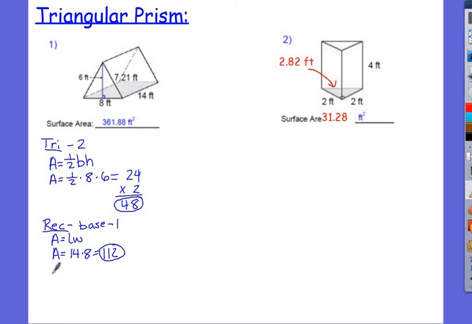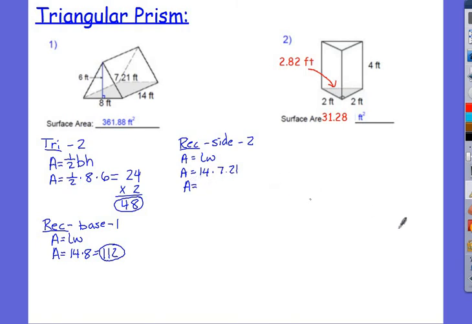Good question. All right. Now I need to find another rectangle, and these are my sides. How many is going to be this size? 2. So, what is the length of this size rectangle? 14. And the width of this one is 7.21.